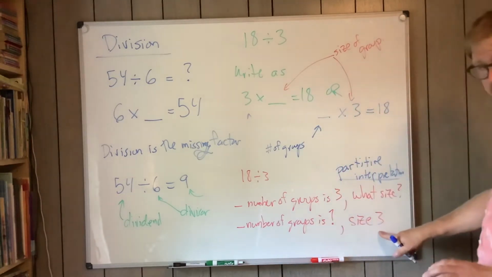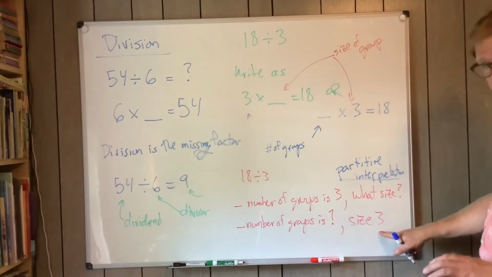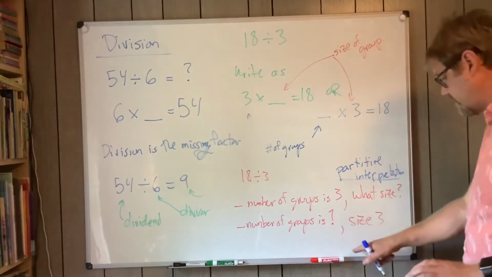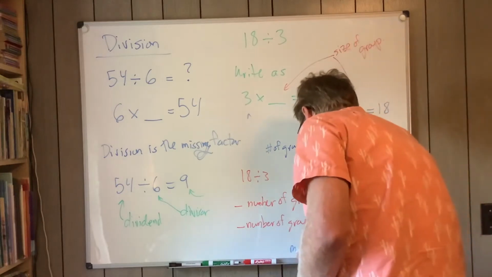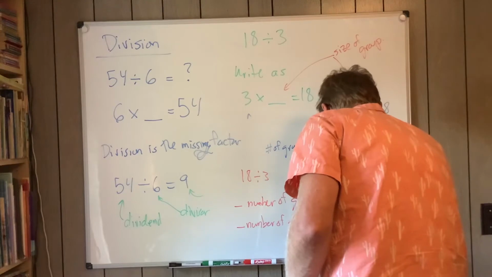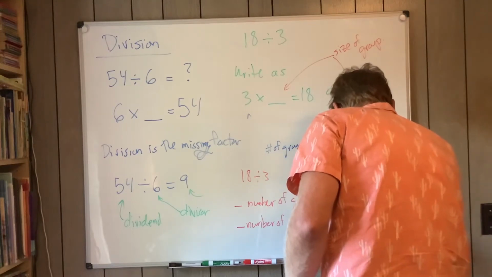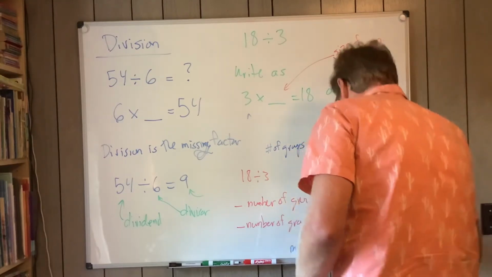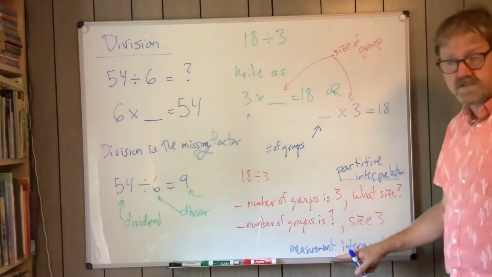If I know the size of the group is 3 and I don't know how many groups, it is called the measurement interpretation.